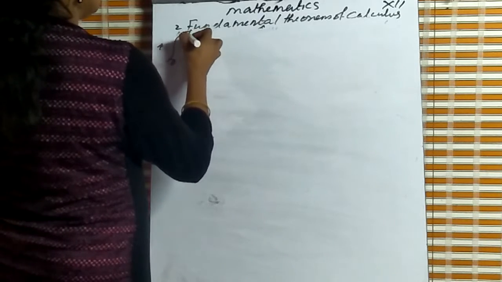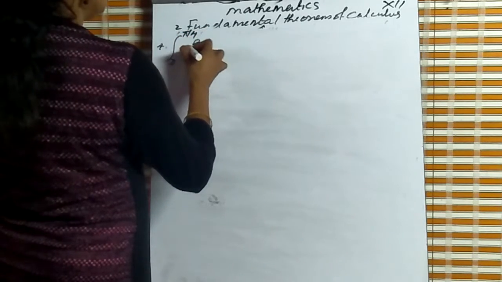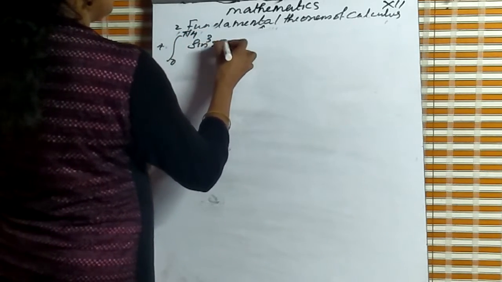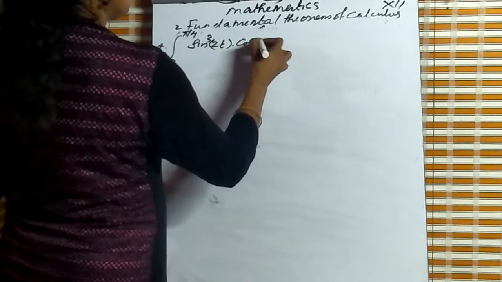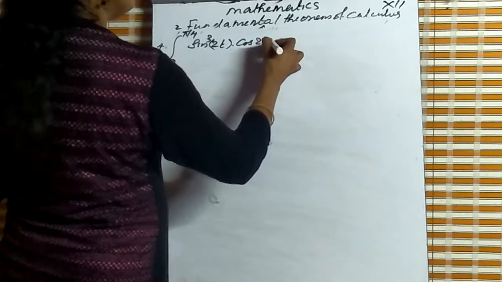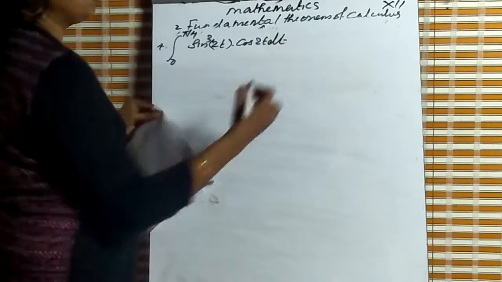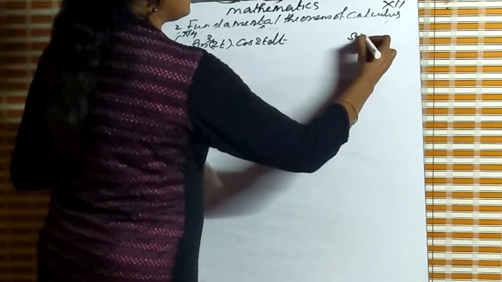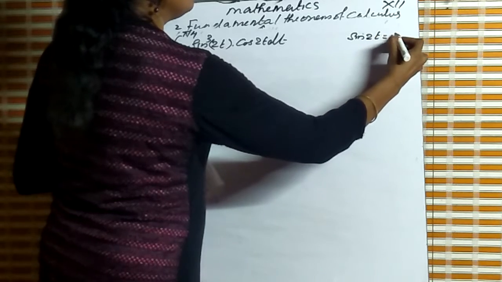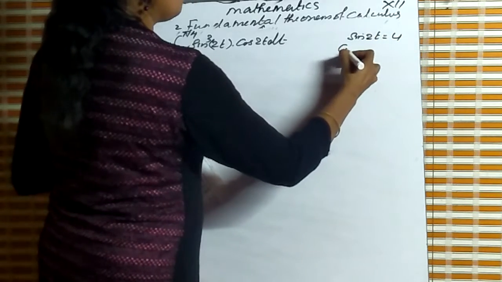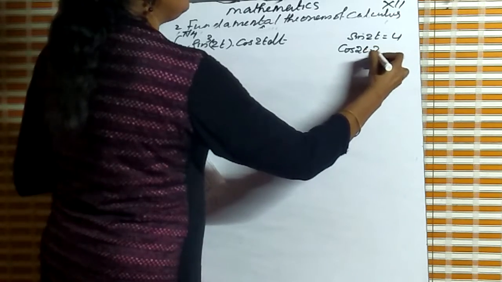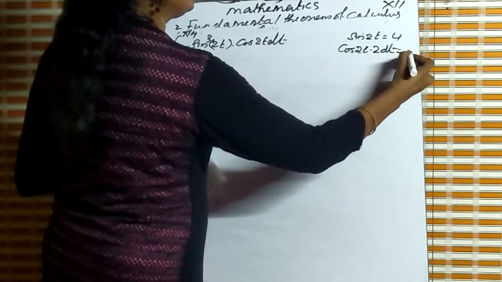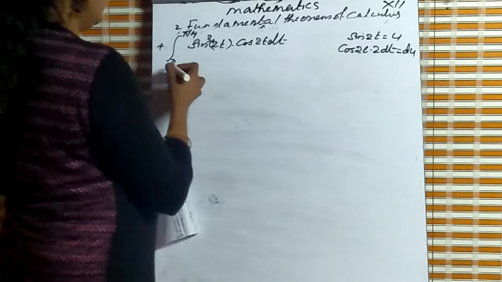Integral 0 to pi by 4 of sin cube 2t into cos 2t into dt. Put sin 2t is equal to u. Cos 2t into 2 dt is equal to du.